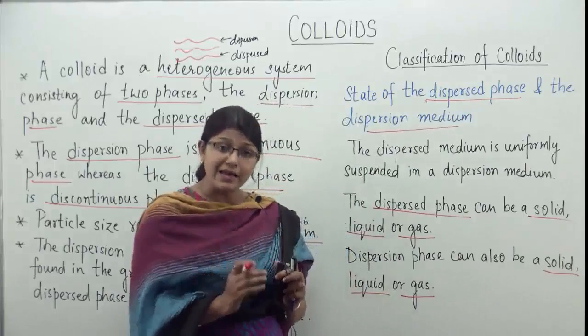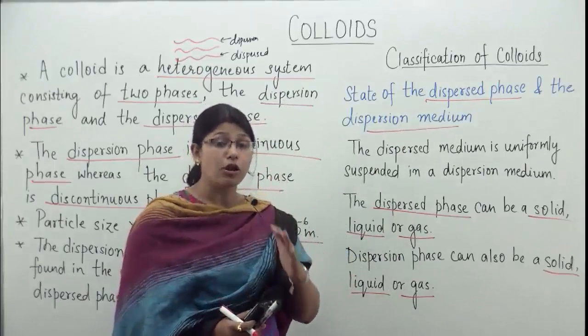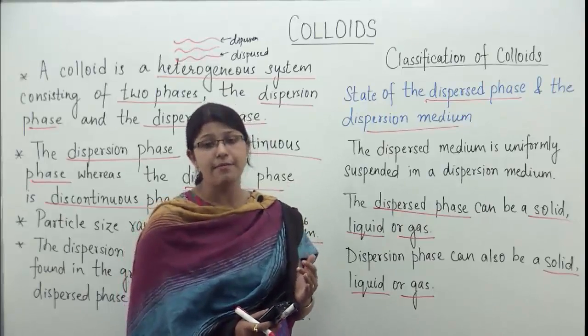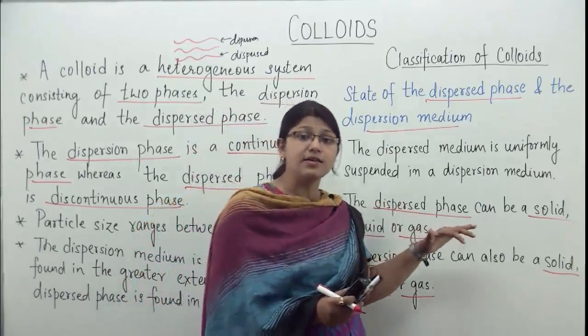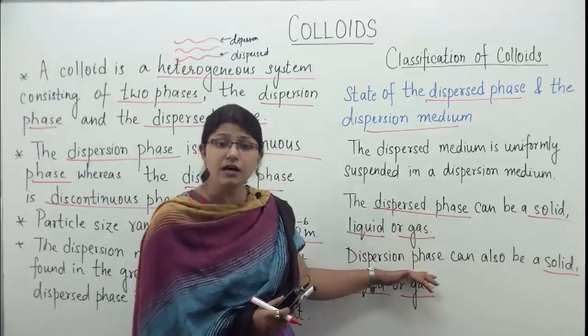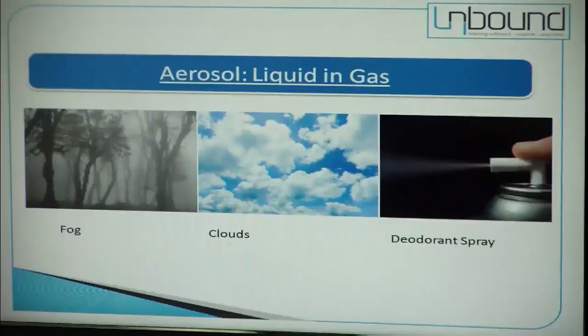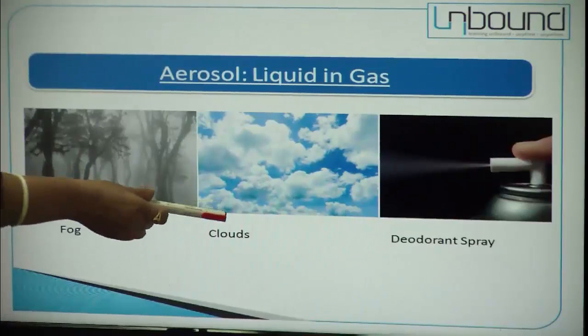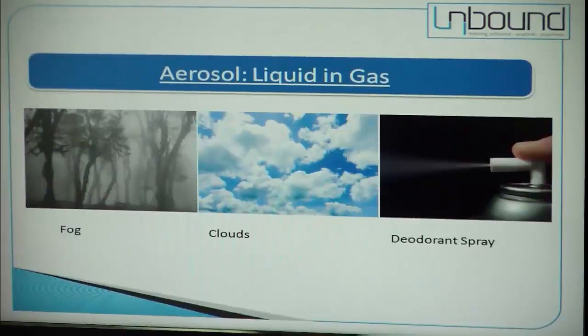Now, let's see the different types of colloidal systems with examples, based on the state of the dispersed phase and the state of the dispersion medium. Aerosol, liquid in gas. When liquid particles are suspended in gas, the kind of colloid we have is aerosol. The most common example all of us know is clouds. Clouds are small droplets of liquid suspended in the atmosphere.